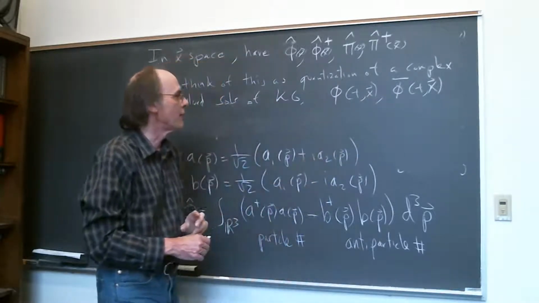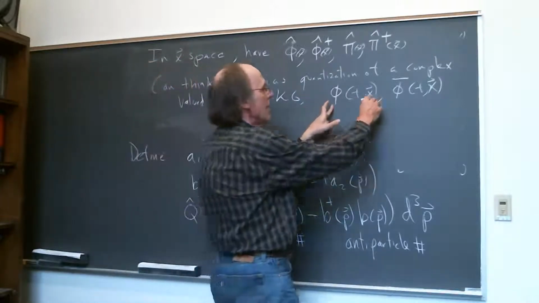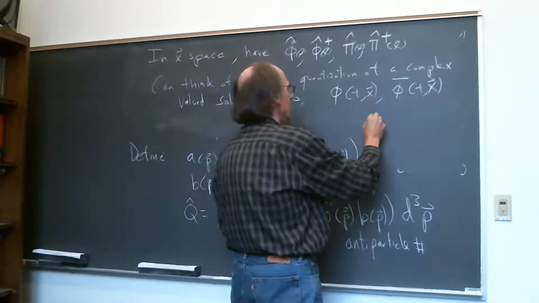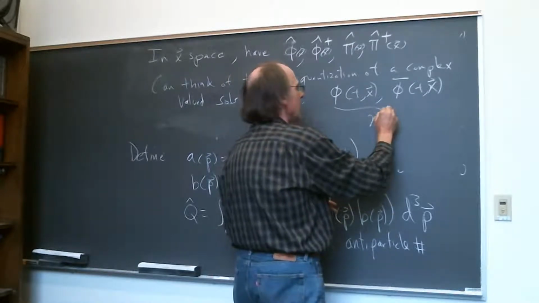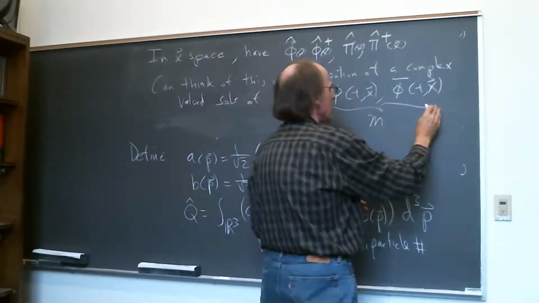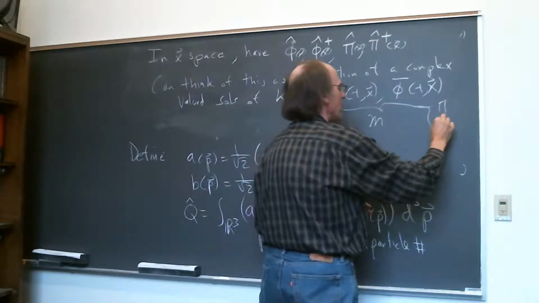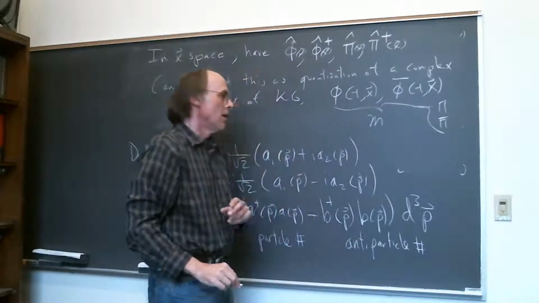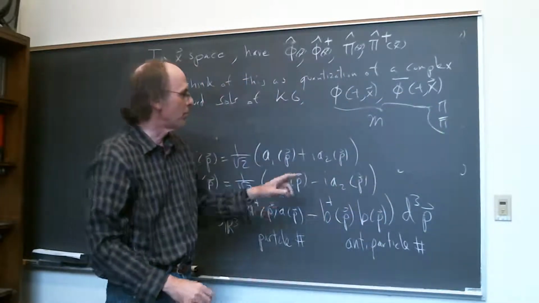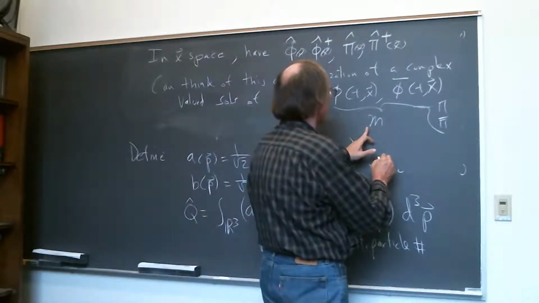So if you try and think about your phase space M as being these guys, and I guess you would also need pi and pi bar, if you take these as coordinates on your phase space, then the problem is that you really want to.